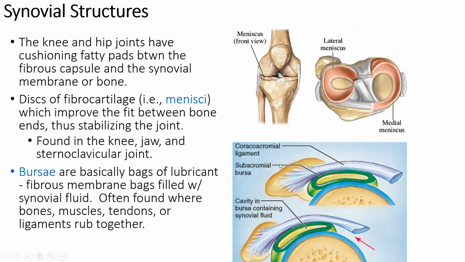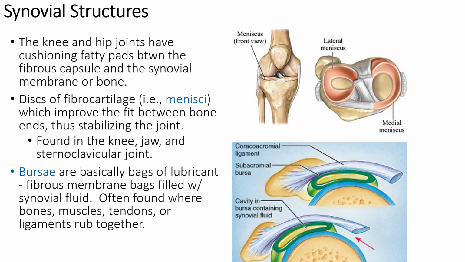And so here we see, this is the ligament right here that holds the scapula to the clavicle. This is what we call the coracoacromial ligament, because one of these is the acromion, the other one is the end of the scapula, end of the clavicle, and where they come together, you're going to have this bursa.